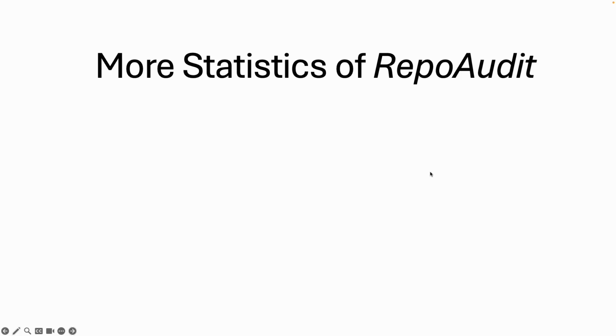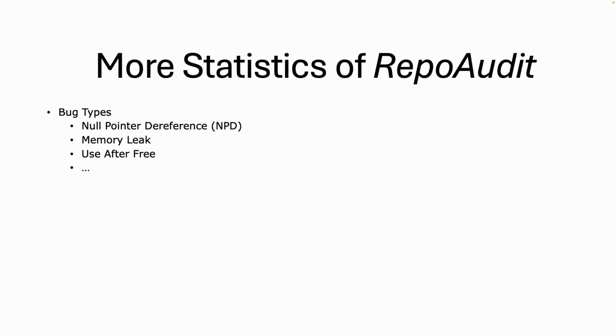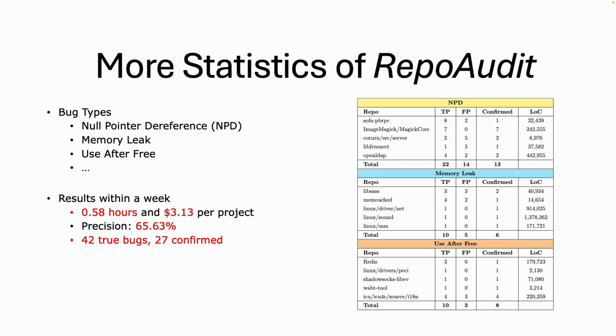We also conduct more experiments using RepoAudit upon open source projects. The bug types we focus on include different kinds of memory corruptions, including null pointer dereference, memory leak, use-after-free, and so on. Within 1 week, we can discover 42 true bugs, and 27 of which have been confirmed by developers.